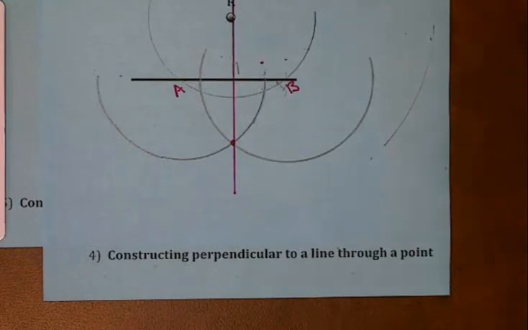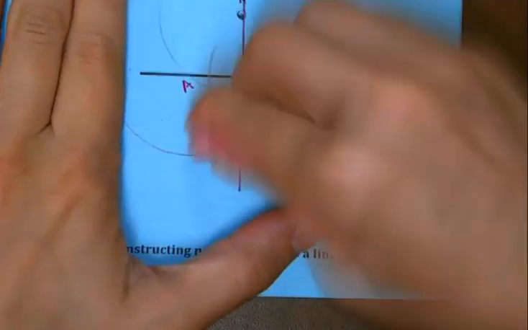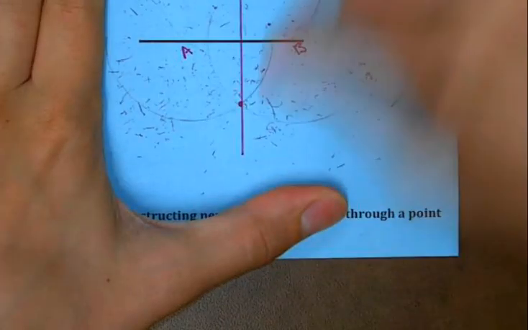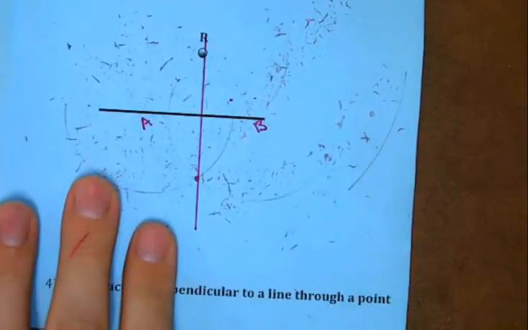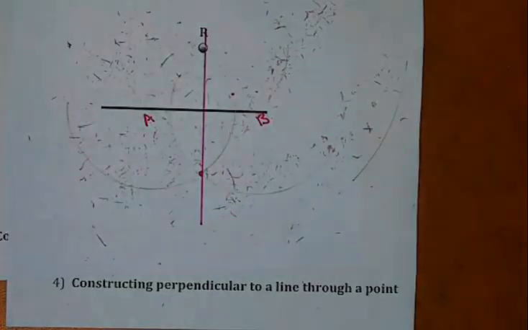And this is just for me. I'm going to erase it so you guys can see it. You guys should not erase. Is that line perpendicular? Does it go through R? Then mission complete.